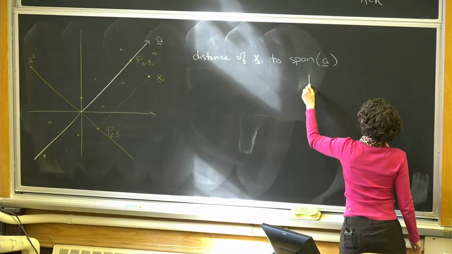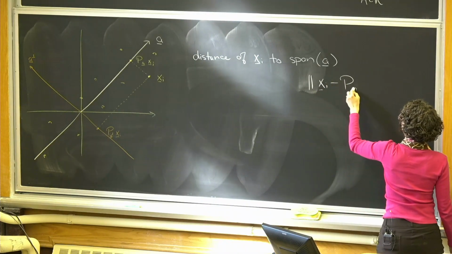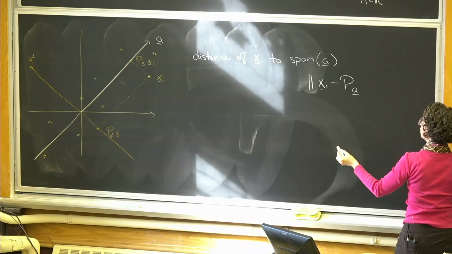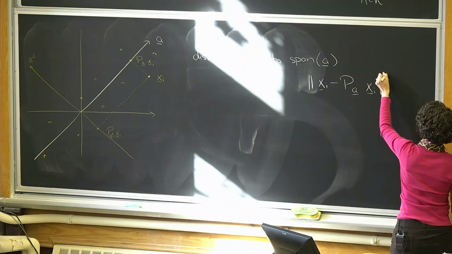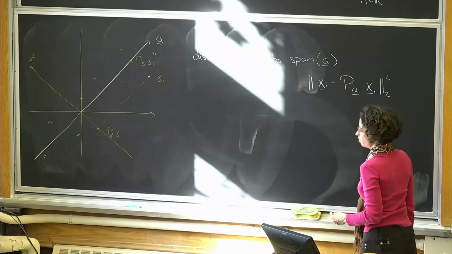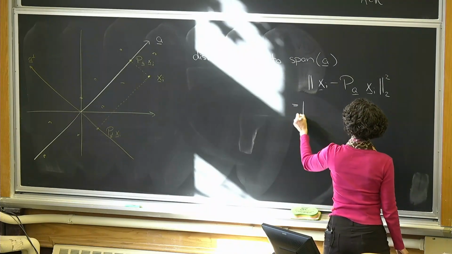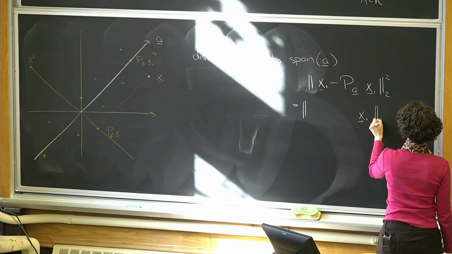Okay, so I'm going to look at xi minus the projection onto the span of A of xi. And we're going to look at that squared distance. And so what we have here is I'm going to gather my xi's together.